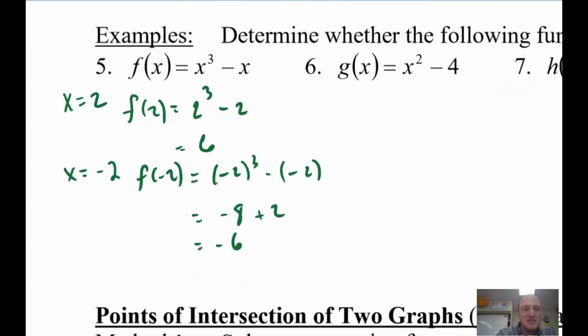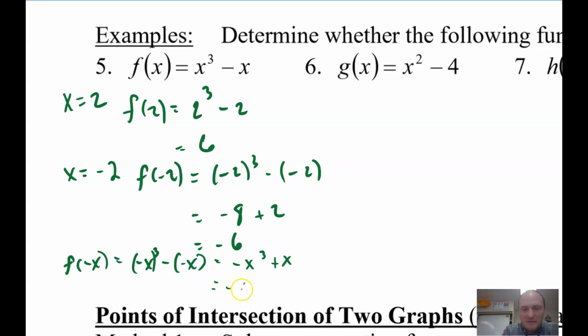We can also see this if I plug in f of negative x. So if I plug in negative x cubed minus negative x, we get negative x cubed plus x. And remember, the trick here is to factor out the negative.